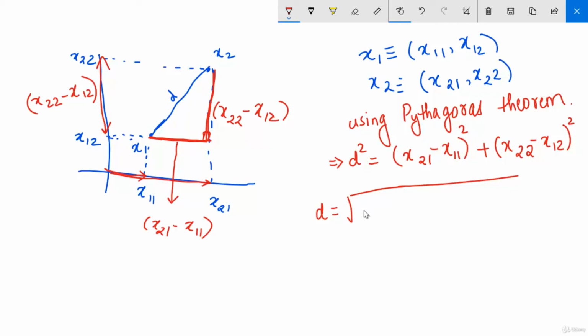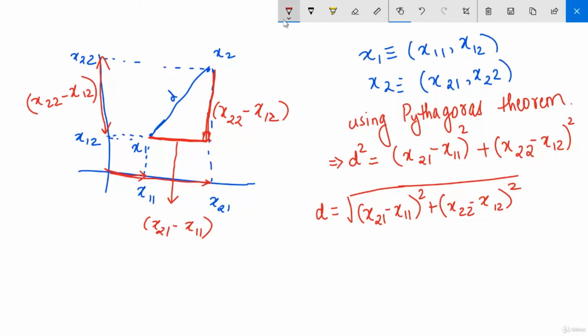Under root, so d square will be d and so on. x21 minus x11 whole square plus x22 minus x12 whole square. Okay, so this is your Pythagoras theorem, and this is how we find d.